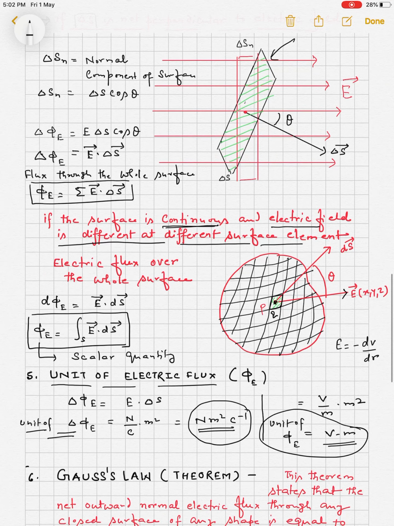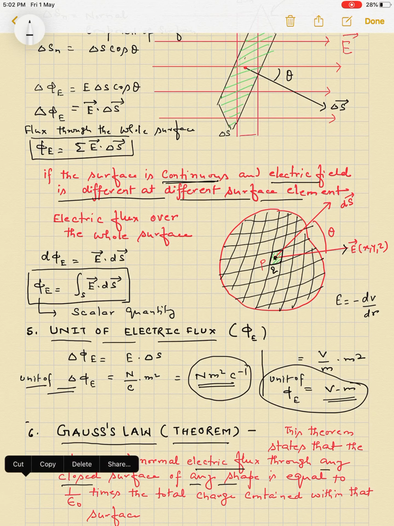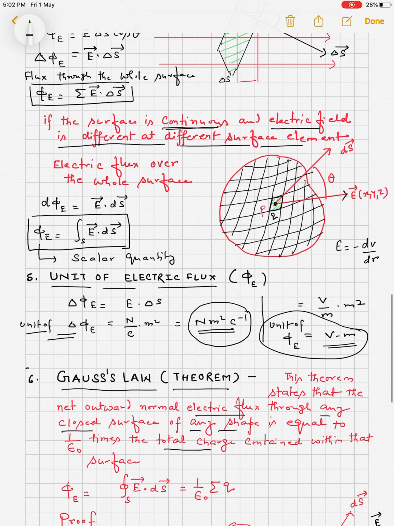Now the very important topic of electrostatics is Gauss's law or Gauss's theorem. This theorem states that the net outward normal electric flux through any closed surface of any shape is equal to 1 upon epsilon naught times the total charge contained within that surface.